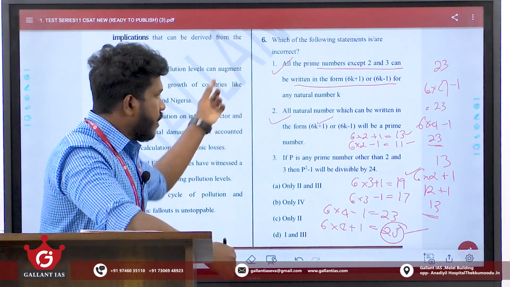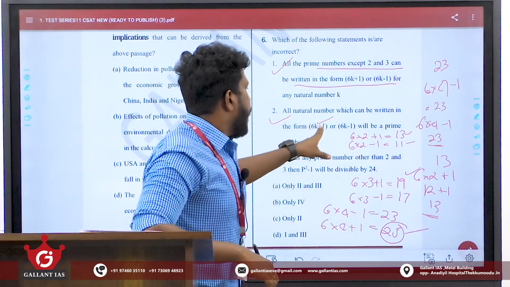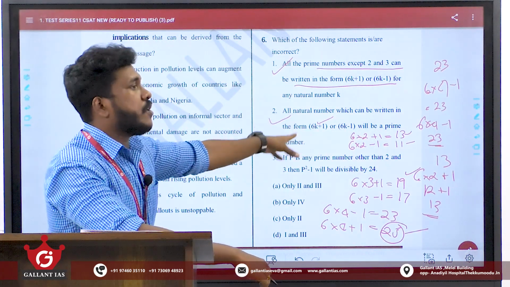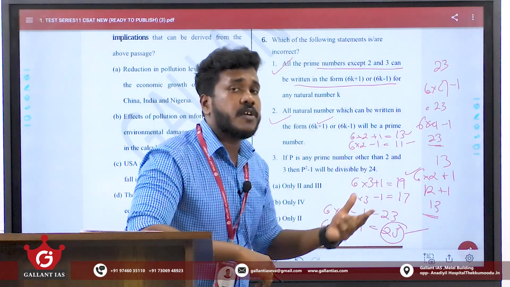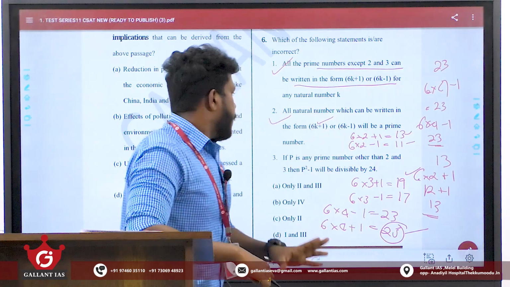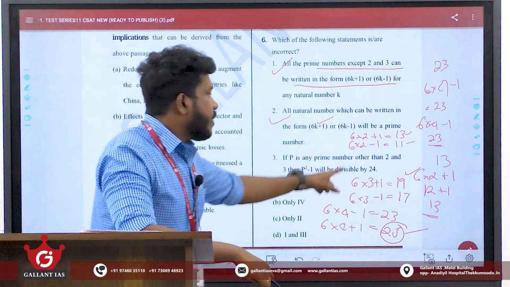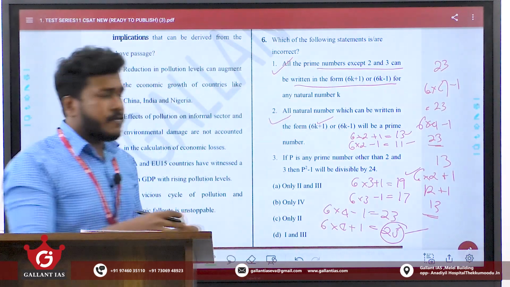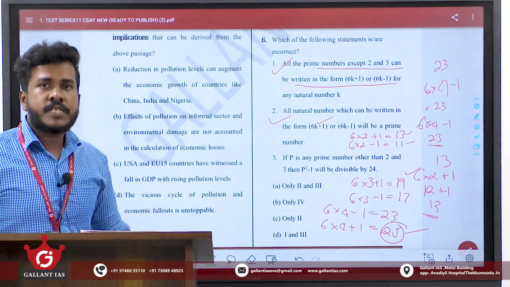So when you assumed the k value as 2, for 6k plus 1 and 6k minus 1, you got two prime numbers, 13 and 11. When you assumed the k value as 3, you again got two prime numbers, 19 and 17. So you think that statement 2 is satisfying the condition.